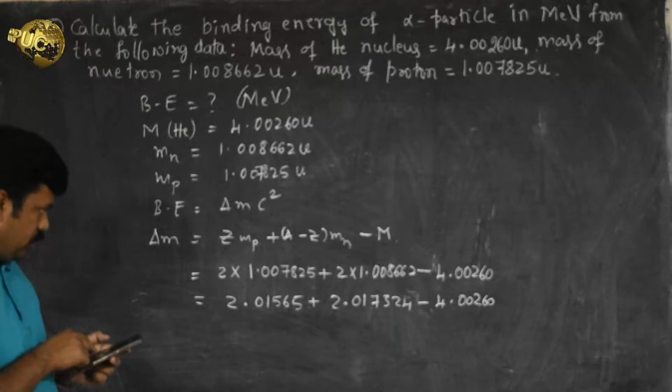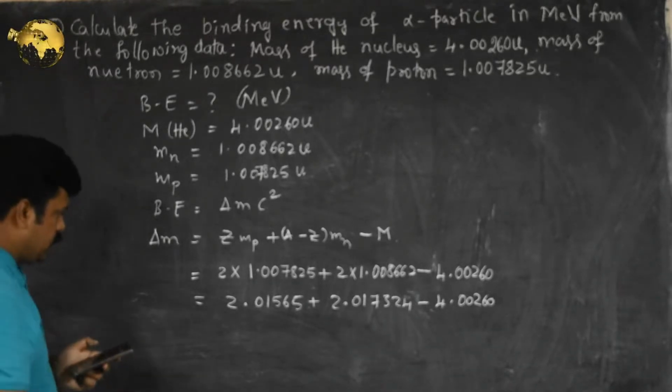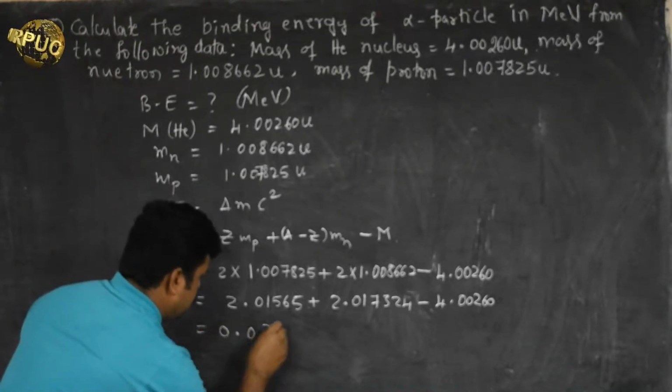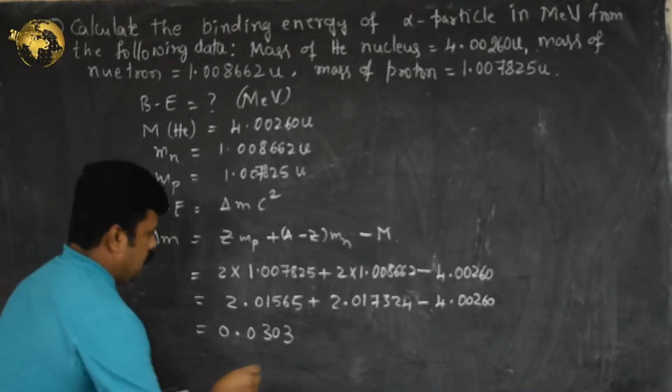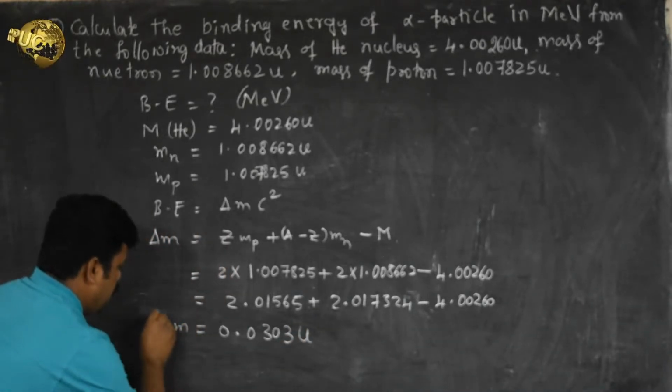Solving this, we get 0.0303. This is in atomic mass units, delta M.